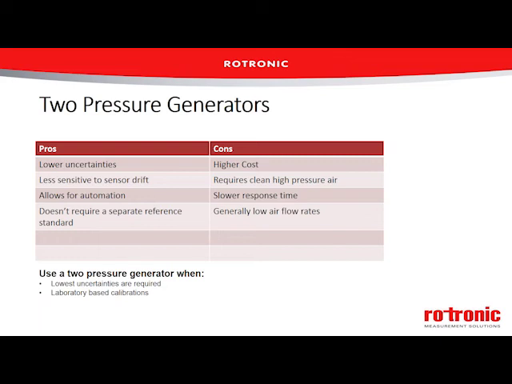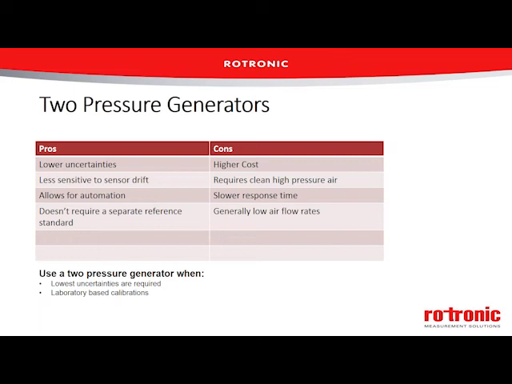As I mentioned, they are pretty expensive. You do have to have very clean, high pressure air, so it means you have to dry it to about -40 dew point and have it go through a number of filters, which can be an expensive system, or you use nitrogen. Response time to change from one level of relative humidity to another can take a while, so it's going to increase the time to get your calibration completed.